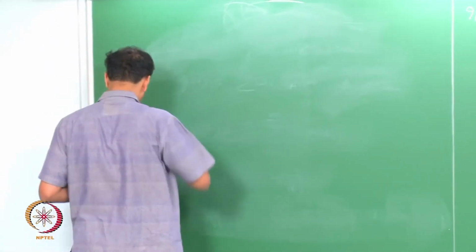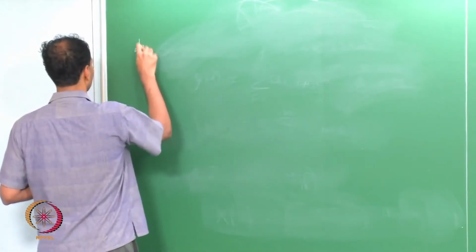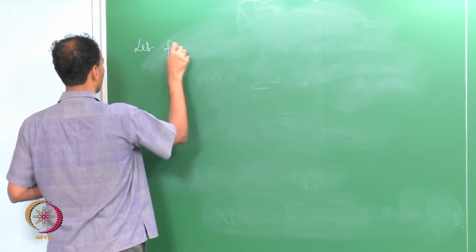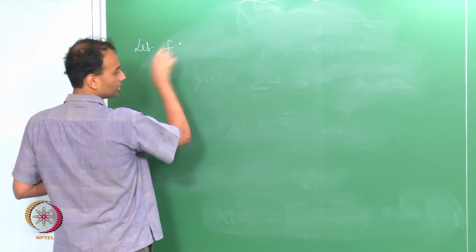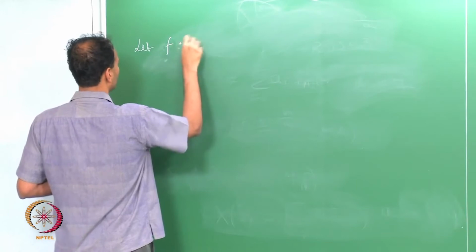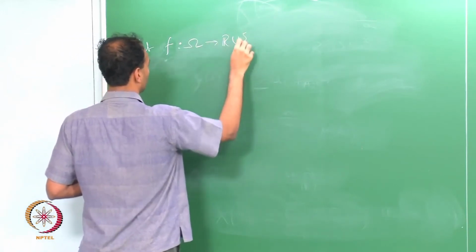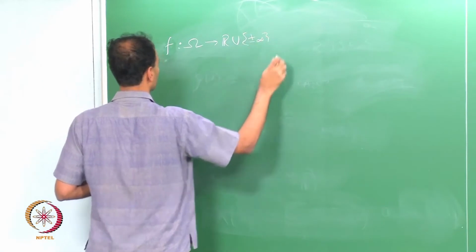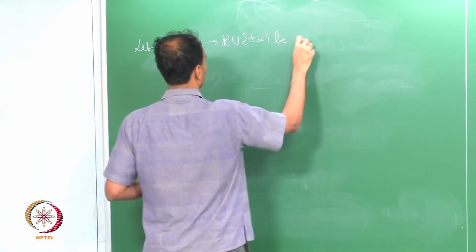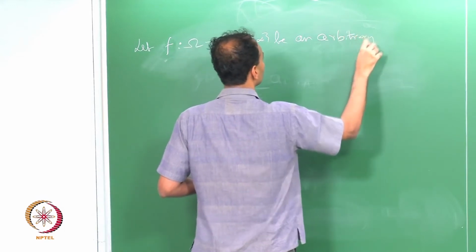So, if you have a function, let f from omega to R union plus minus infinity be an arbitrary measurable function.